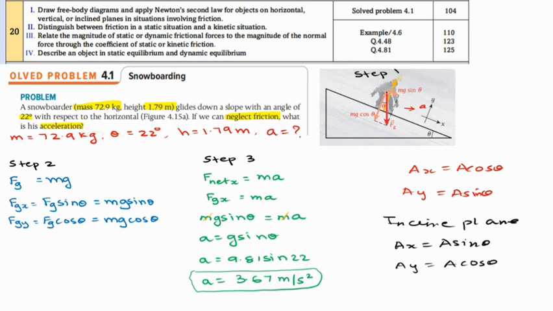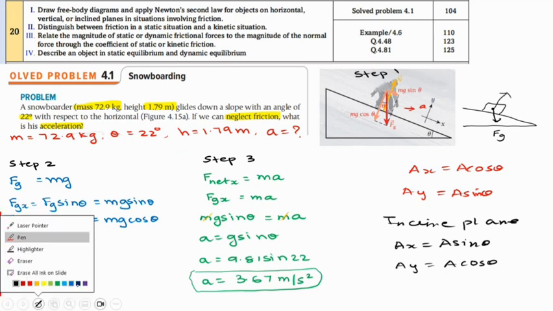Then is the normal force which is acting perpendicular to the surface. So if I were to draw it over here, this is my inclined plane, this is my object. Force due to gravity will act vertically downward. This is my FG. Normal will be perpendicular to the surface.